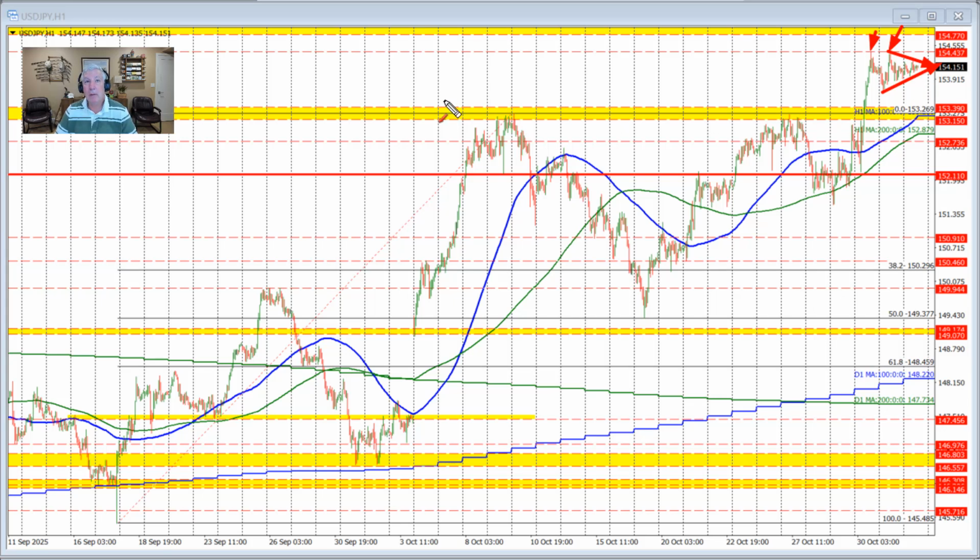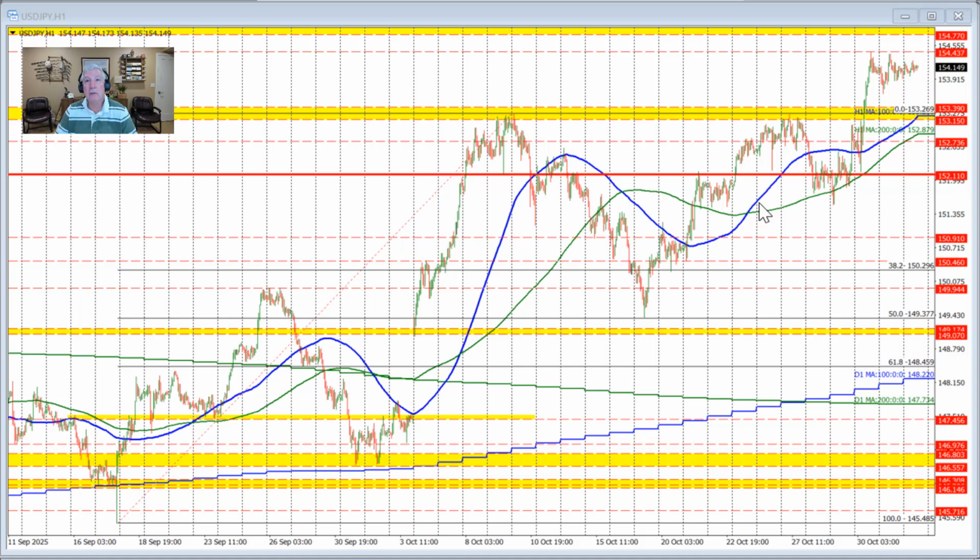What we do know from the break of this area right through here is that if the price were to go down, this area would be a clear support. It's also now defined by the rising 100-hour moving average. That's going to work its way higher and probably be the first major target on the downside from a technical perspective. You always need to get below the 100-hour moving average to show that the sellers are taking back more control.